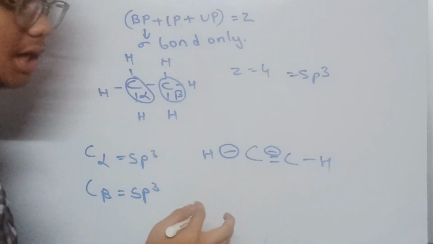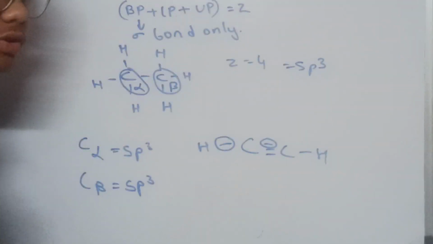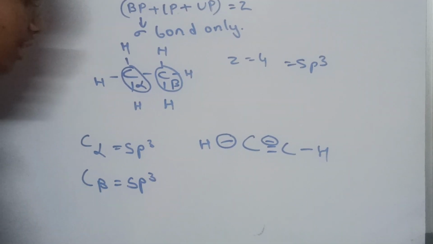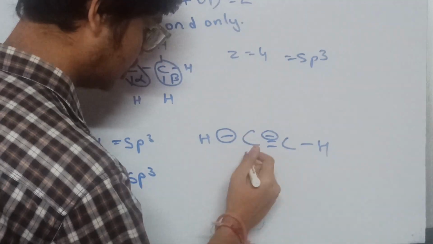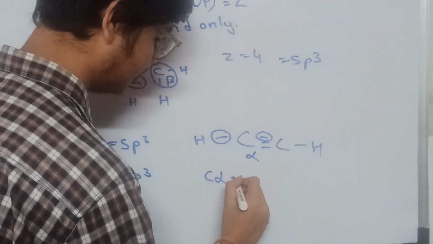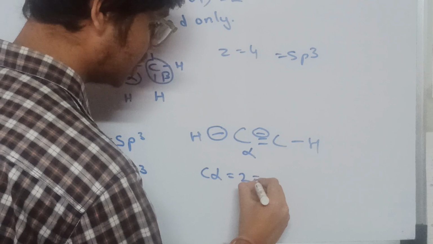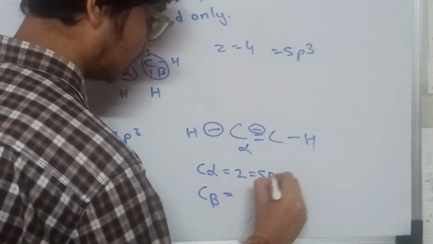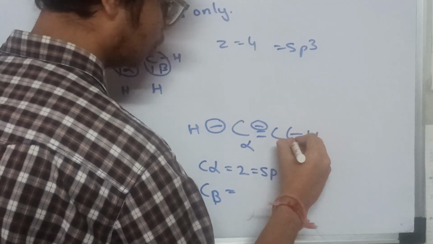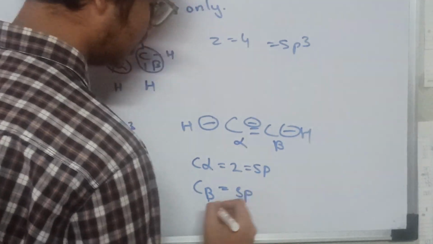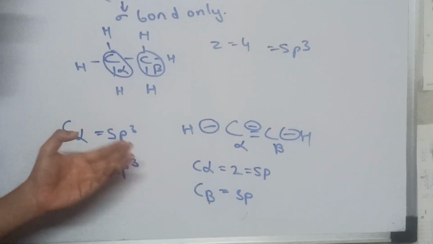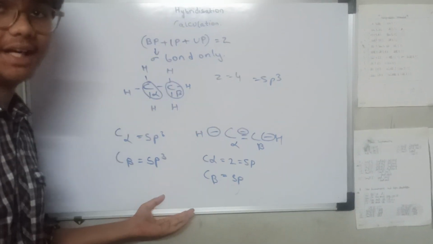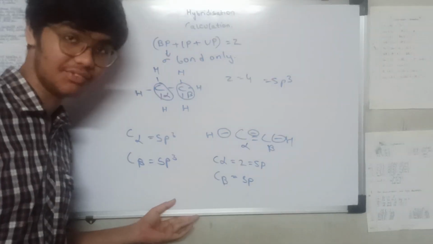After the sigma bond there are 2 pi bonds, that is also covered, sigma and pi bond. If I write here alpha, C alpha will be 2. So 2 is what? It will be sp. And if I want to calculate C beta, that is also 2, so that is also sp. I will revise this, because this is very complicated and many students will find it difficult.